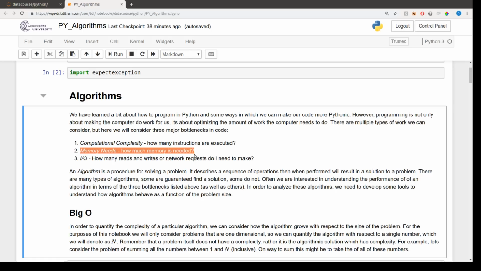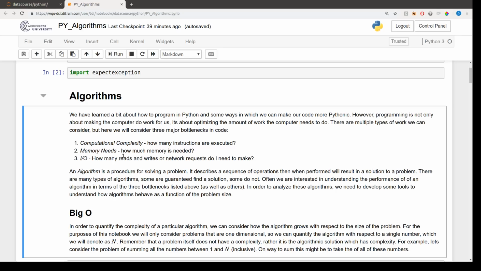And finally, another limited resource in the age of the internet especially is input-output, meaning how much traffic do I need to send in and out of my program in order to accomplish the task.